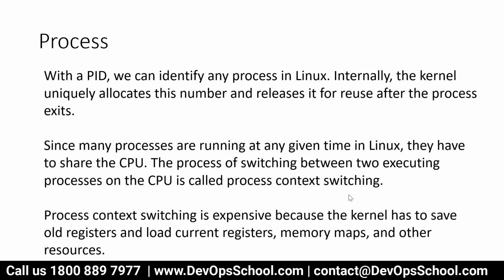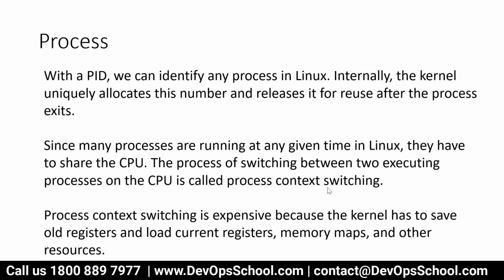This happens very fast. Between the CPU, from one process to another, whichever you want to prioritize, you can. The system will decide the context switching. Process context switching is expensive because the kernel has to save the old registers and load the current registers. Expensive means it takes some time, and it also loads the data from memory or disk.